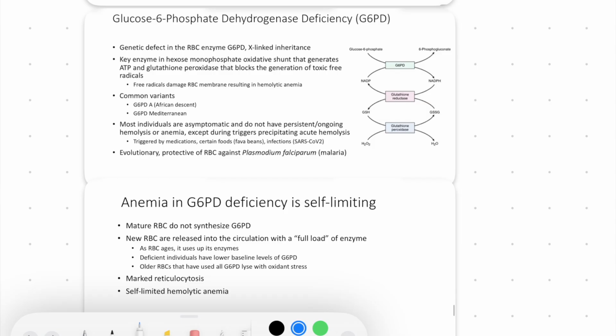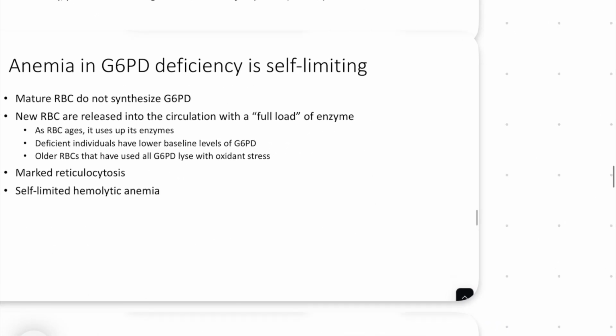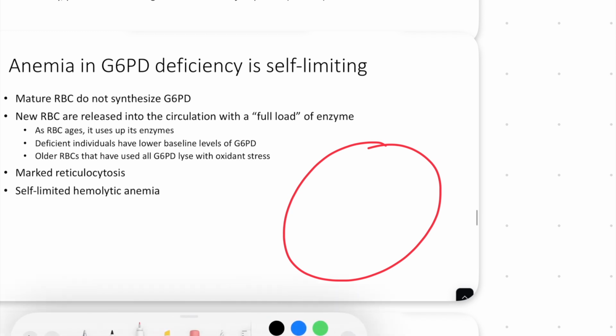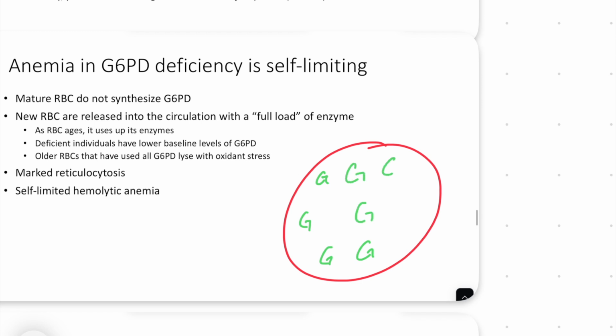Now moving into G6PD deficiency. If we think about a normal red blood cell, down here, a normal red blood cell is going to have a certain amount of G6PD, and I'm just going to make a little g here. This is going to really determine the cell's lifespan, because a red blood cell normally just generates toxic radicals.